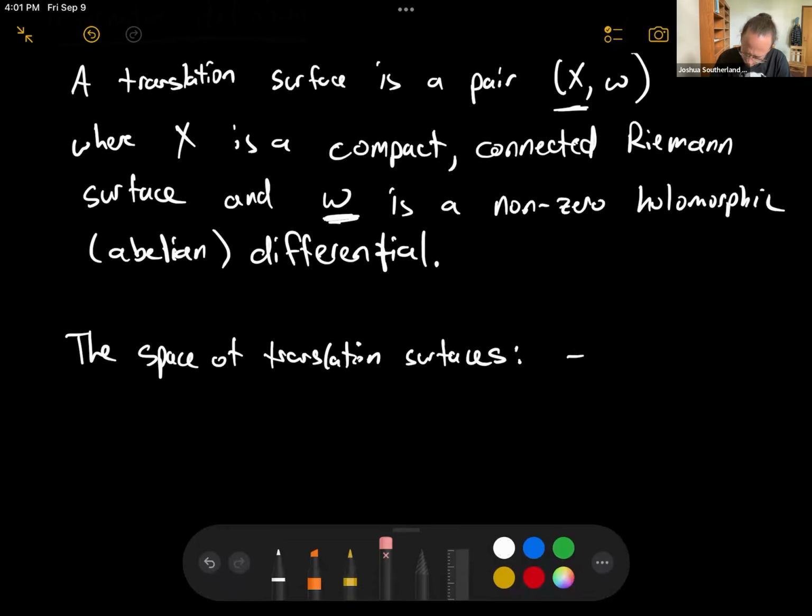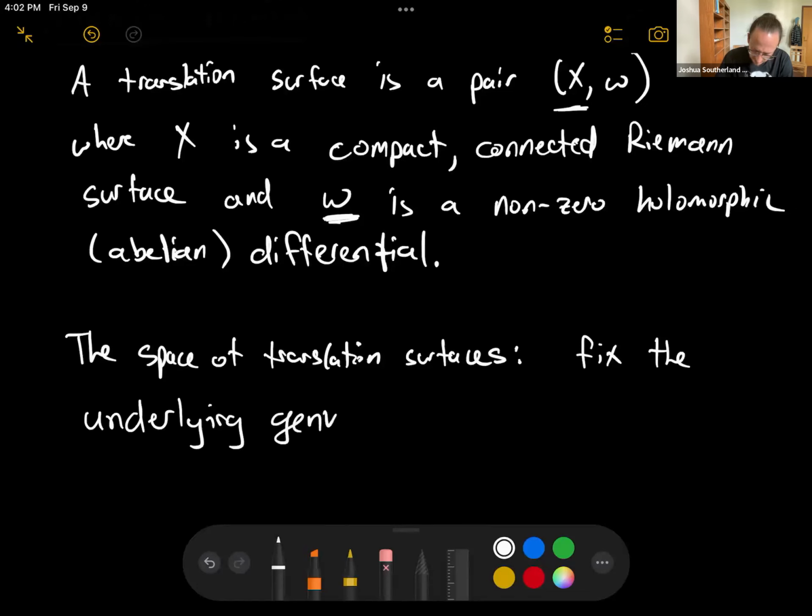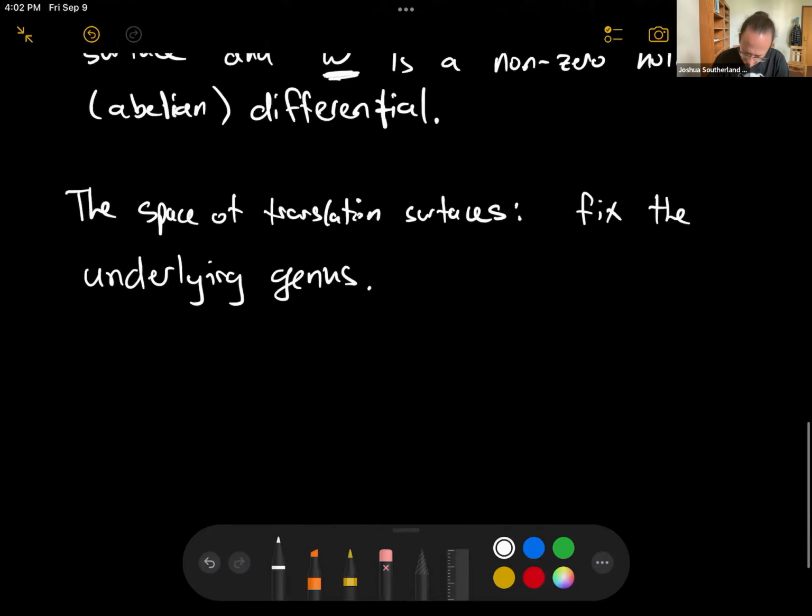Let me say it like this. We're going to fix the underlying genus, let's call it genus g, of the Riemann surface.